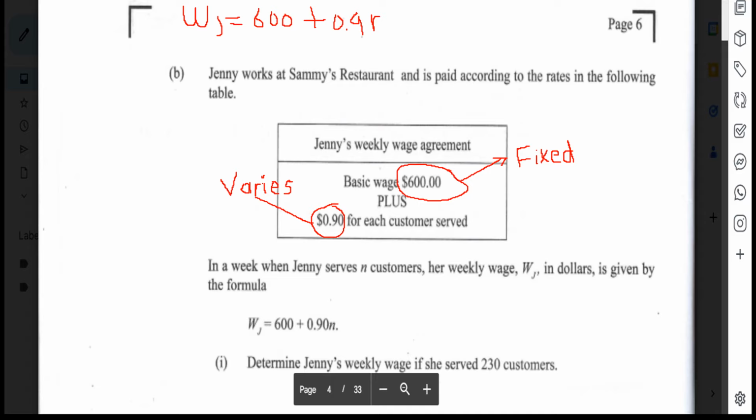But we will plug in 230 anywhere we will see N. We have 600 here plus 0.9 multiply by 230.